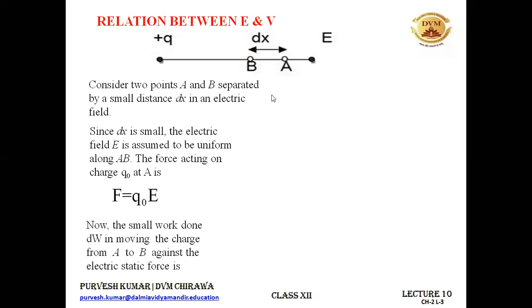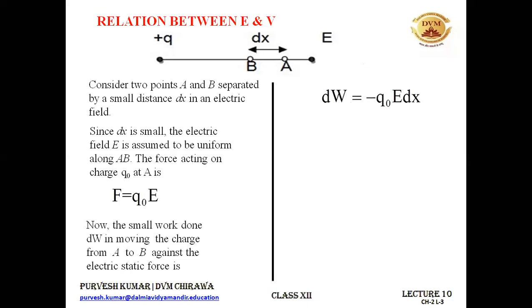That's why the angle between F and dx is 180 degrees. So we have to write it like this: the small work done dW in moving the charge from A to B is equal to F dot dx. And the angle between F and dx is 180, so it will be minus F dx.